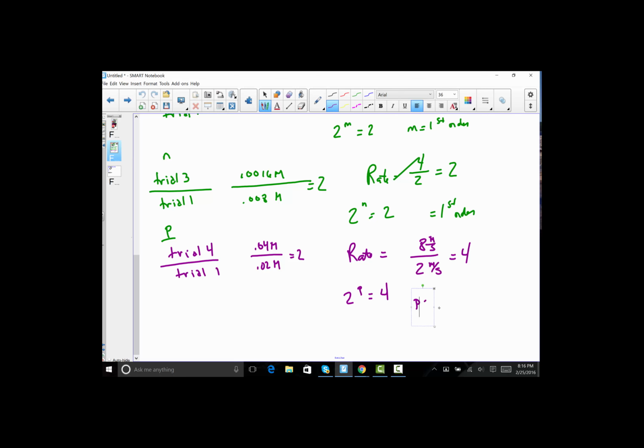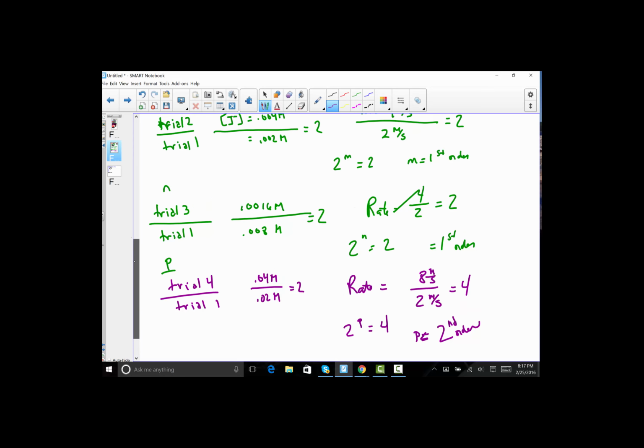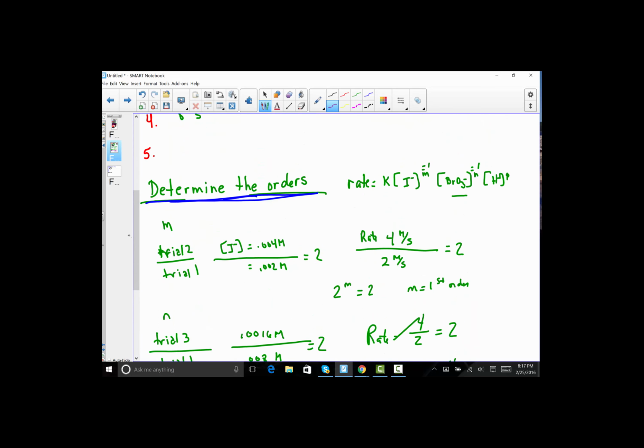That's an exponential rate law, so that looks like a second order. 2 squared gives me 4. So we just determined the acid is second order. Rate is equal to k times iodide first order, bromate first order, and the acid is second order.